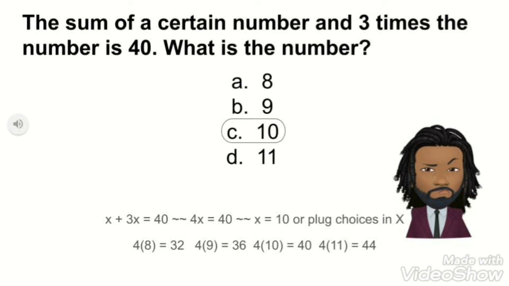Is 40 means that it equals 40. So if I go in and plug these numbers in to figure out which one equals 40, we see that 10 will go into 40 4 times. So yes, 4x equals 40, x equals 10.